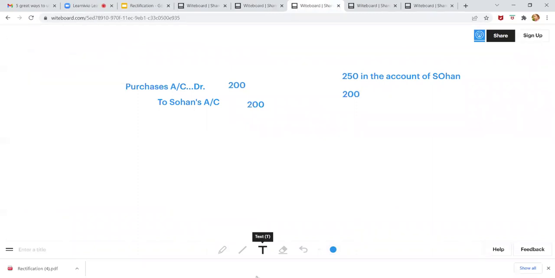It means it was mistakenly credited 50 rupees more. See, this is our ledger account of Sohan.